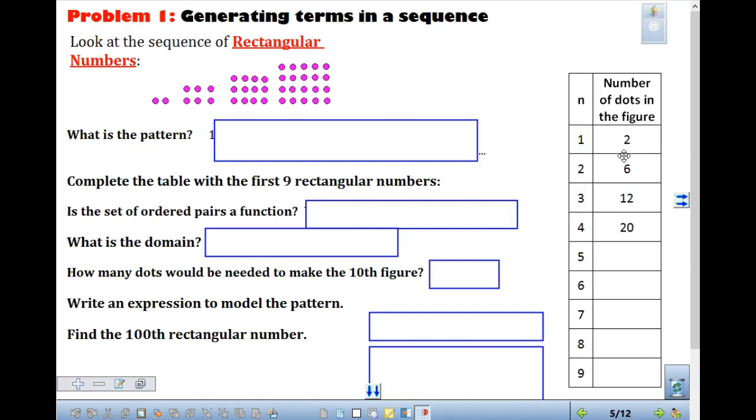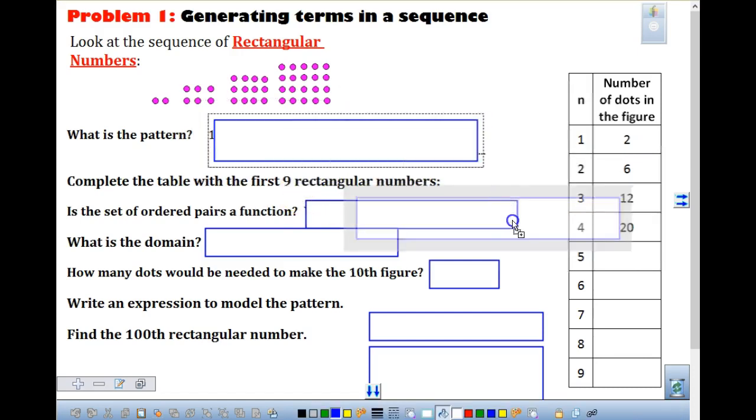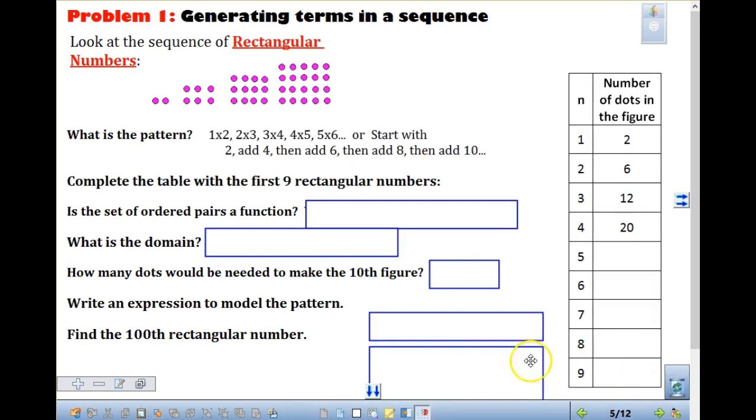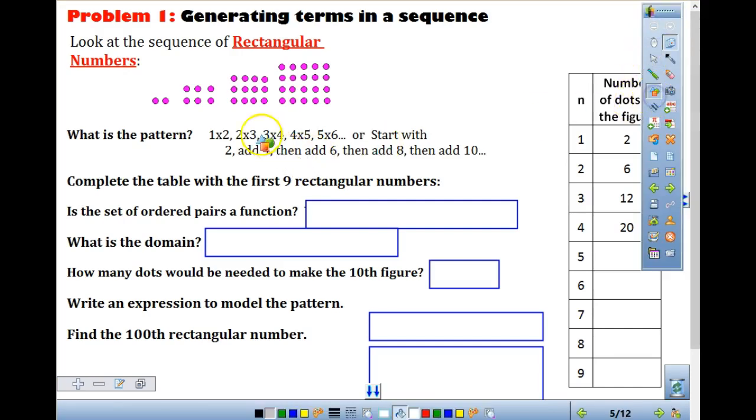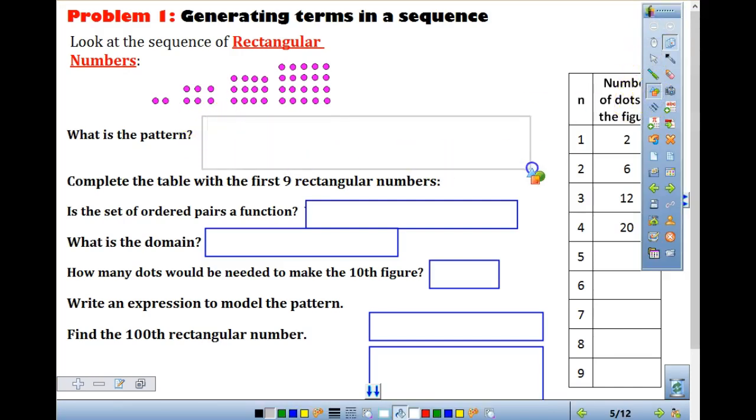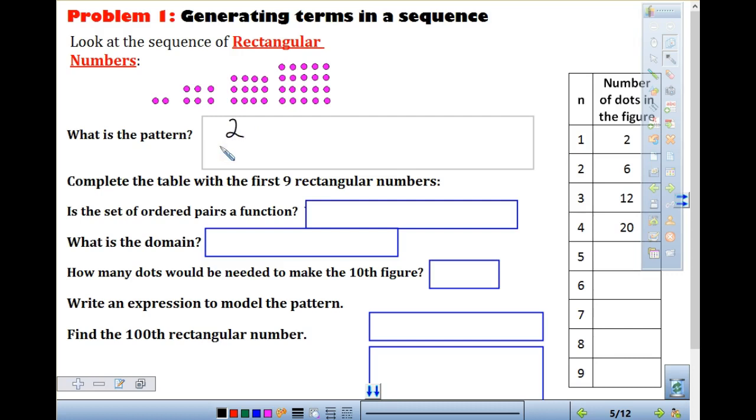So when we are taking a look at this, we want to be thinking this. Our first number in our pattern was 2, and that is 2 times 1.